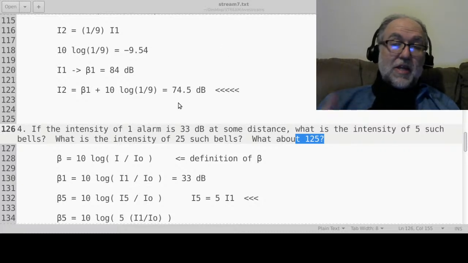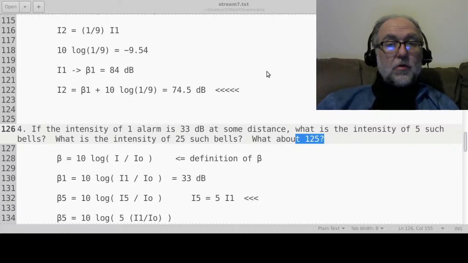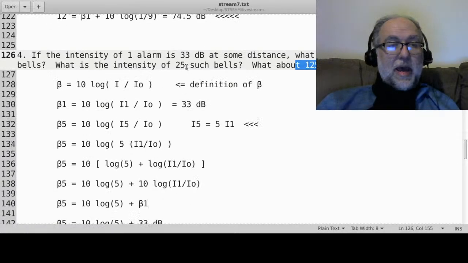In other words, every time you increase by a factor of 7, you would add 8.45 decibels. Okay, so let me say that again. Every time you increase by a factor of 7, it would be like adding 8.45 decibels. Okay, so there you go. There's the pattern.